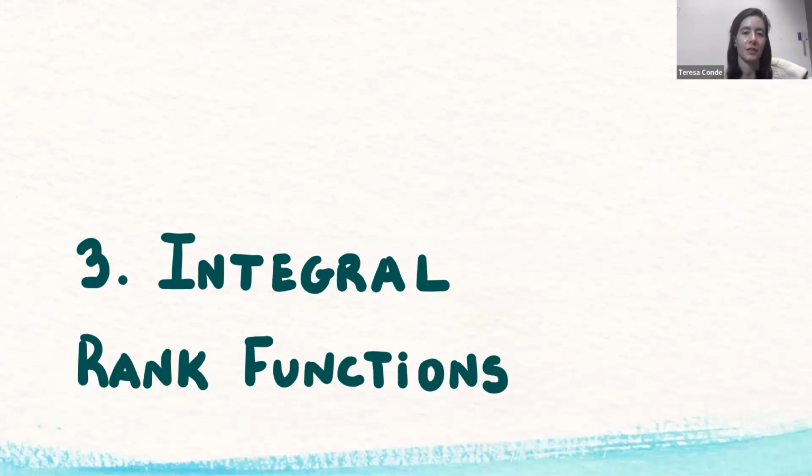And now we have this translation result that allows us to go between rank functions and additive functions, and the goal is to transport and adapt results about additive functions on skeletally small abelian categories back to rank functions on our triangulated category. In the integral case, which is the case which is better studied.